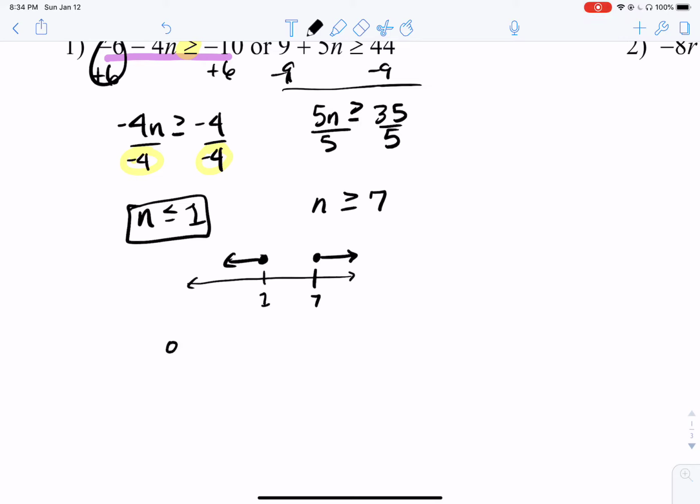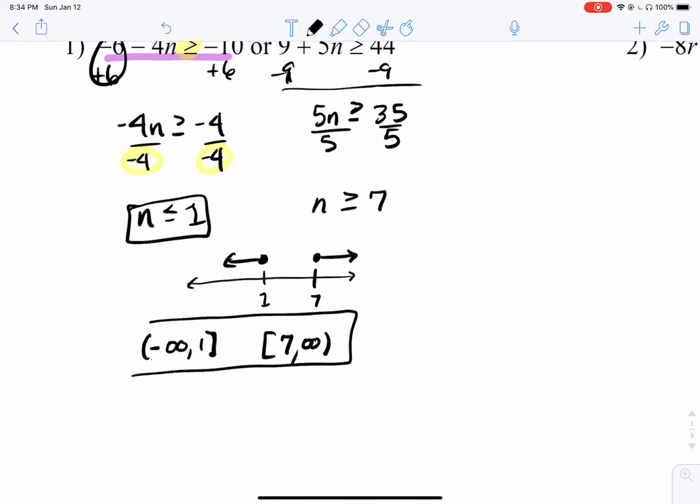It's going to go from negative infinity to positive 1, using a bracket on the 1 and parentheses around the negative infinity. And then we're going to go with a bracket on the 7 to positive infinity. So this is our solution.